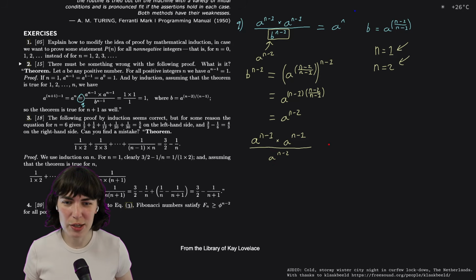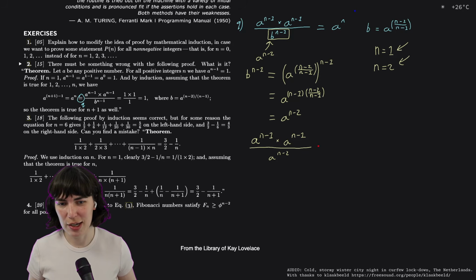Now, if we work this out with the exponents again, we're multiplying these two together, so focusing on the top half, we end up with a^((n-1)+(n-1)), because they're multiplied, we can add the exponents.